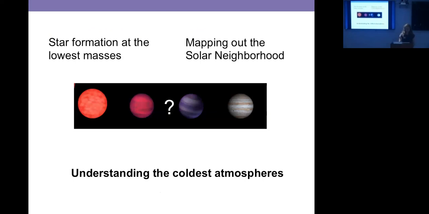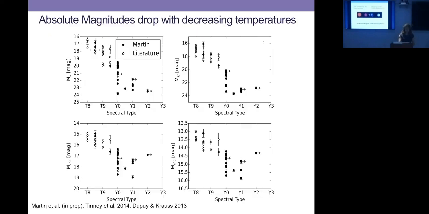As far as understanding the coldest atmospheres, I think this is where some of the most exciting stuff has come out of this paper. Now that we have absolute magnitudes for these objects, we can start to look at some of the trends. When we fill in the absolute magnitude versus spectral type plot, before this was a lot of just empty space and we weren't sure exactly what was going on.